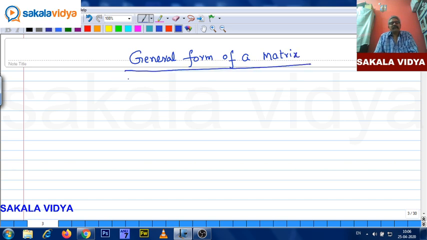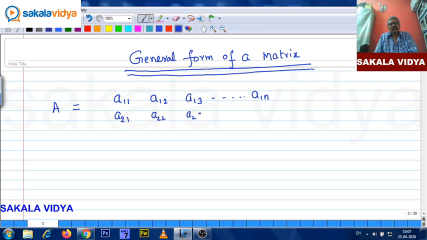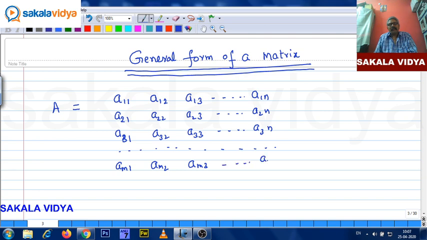The general form of the matrix will be like this: A equals a11, a12, a13 and so on up to a1n; then a21, a22, a23 and so on up to a2n; then a31, a32, a33 and so on up to a3n; and so on, down to am1, am2, am3 and so on up to amn.